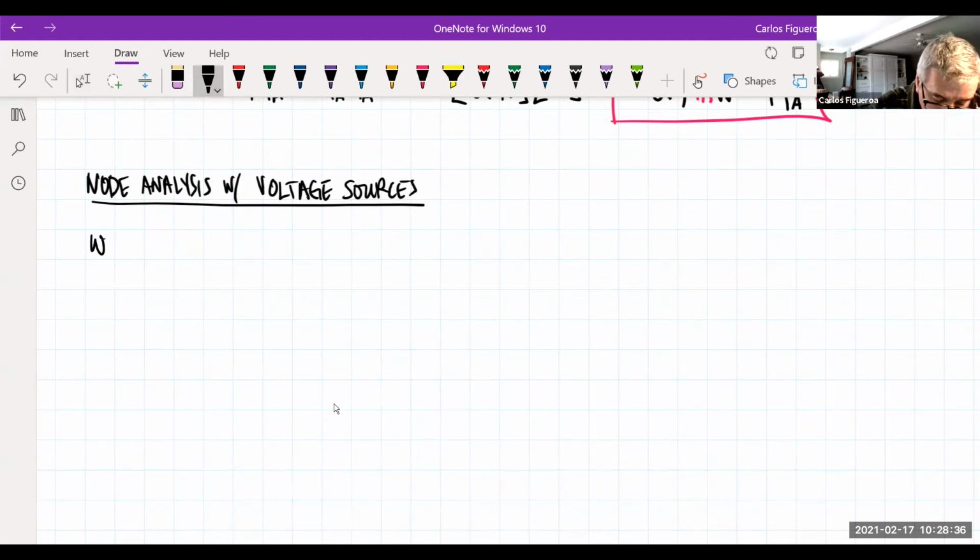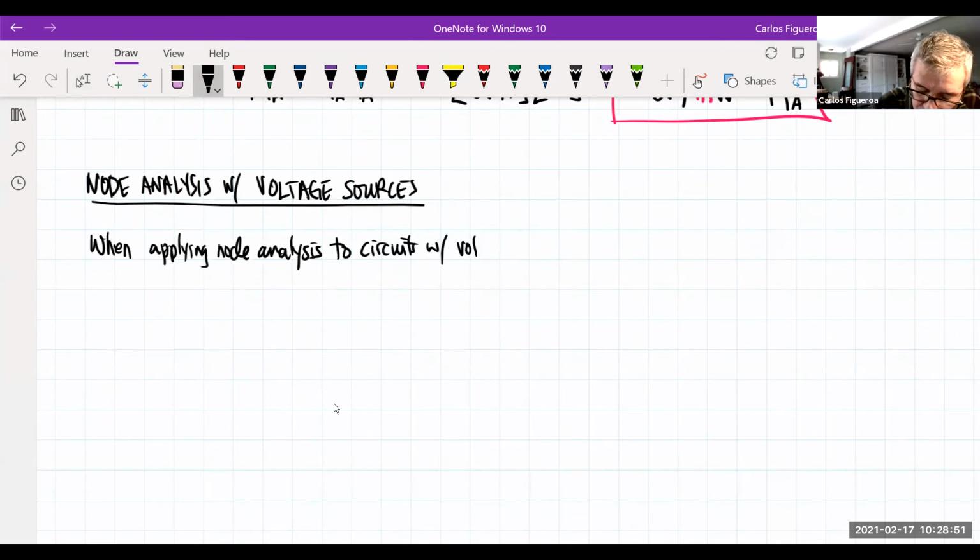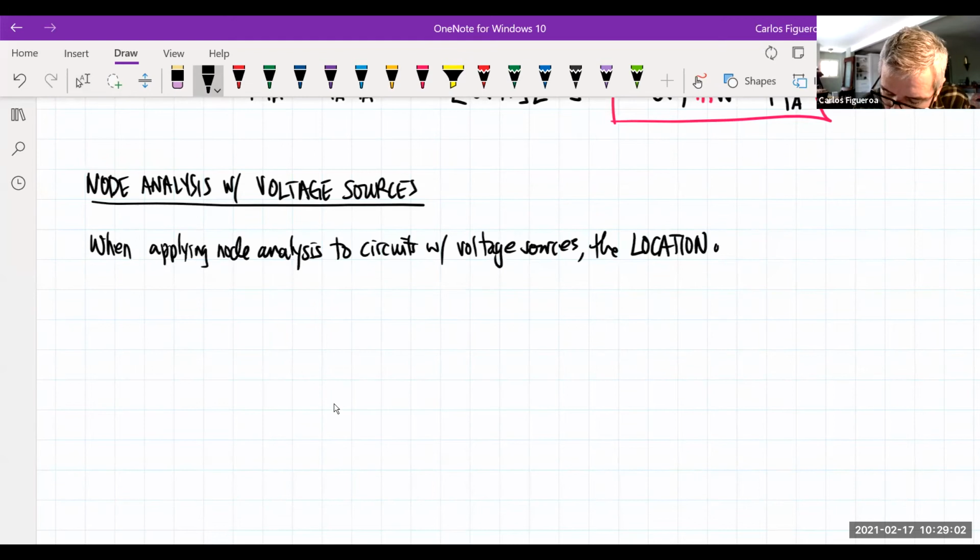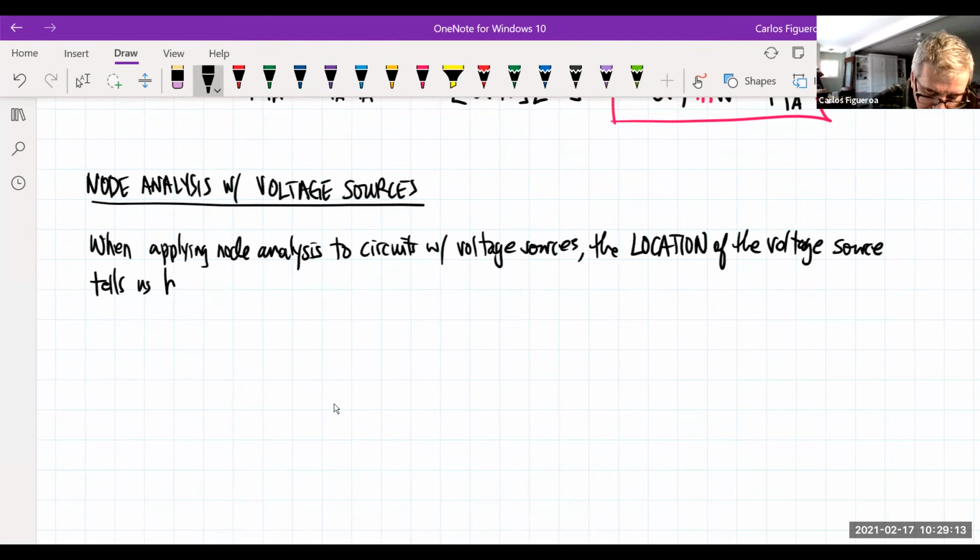So when applying node analysis to circuits with voltage sources, the location of the voltage source tells us how we modify the node equations.